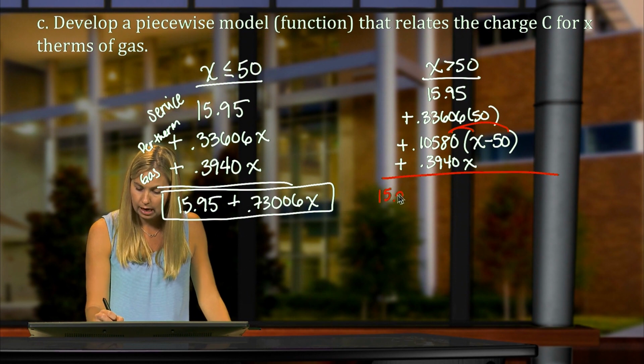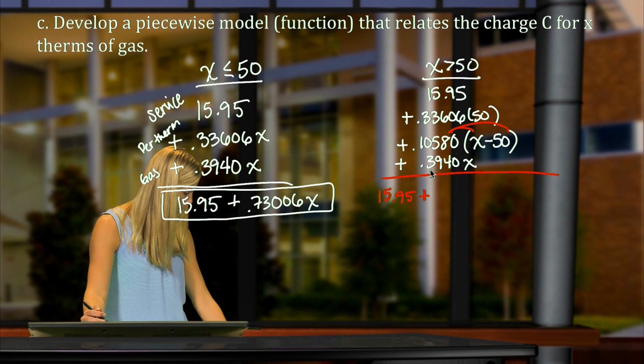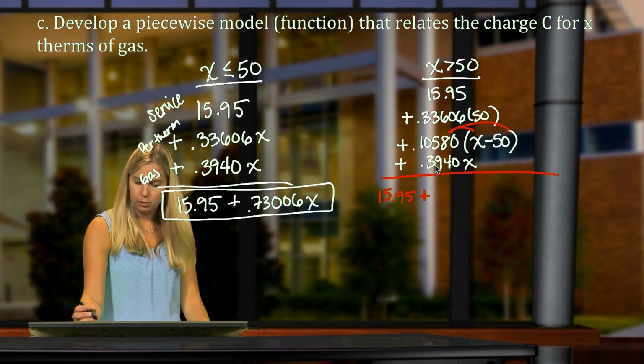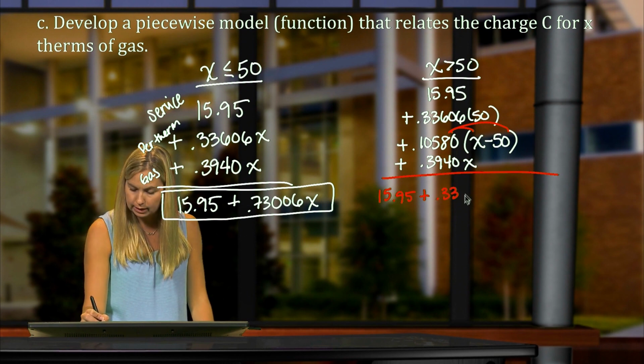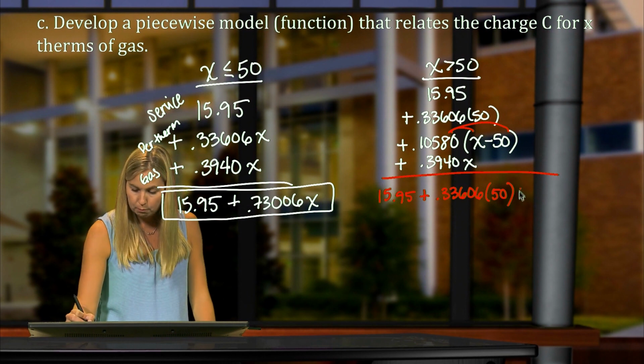We have 15.95 plus 0.33606 times 50 plus 0.10580x.